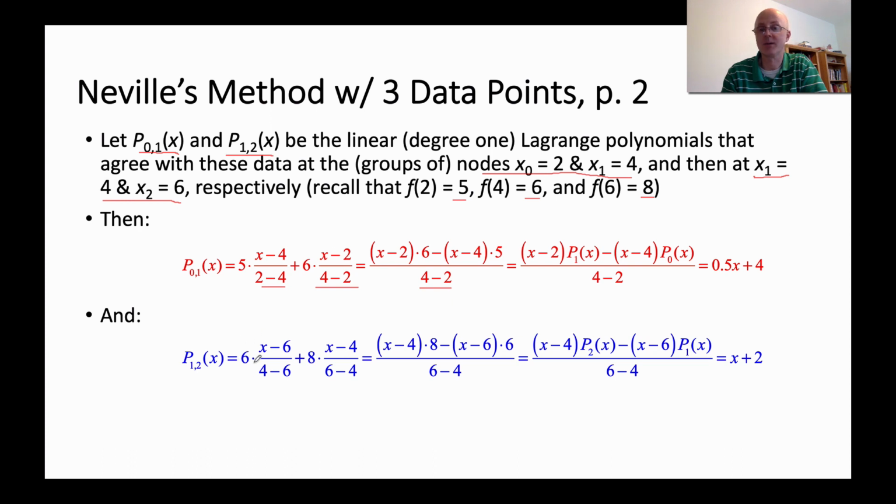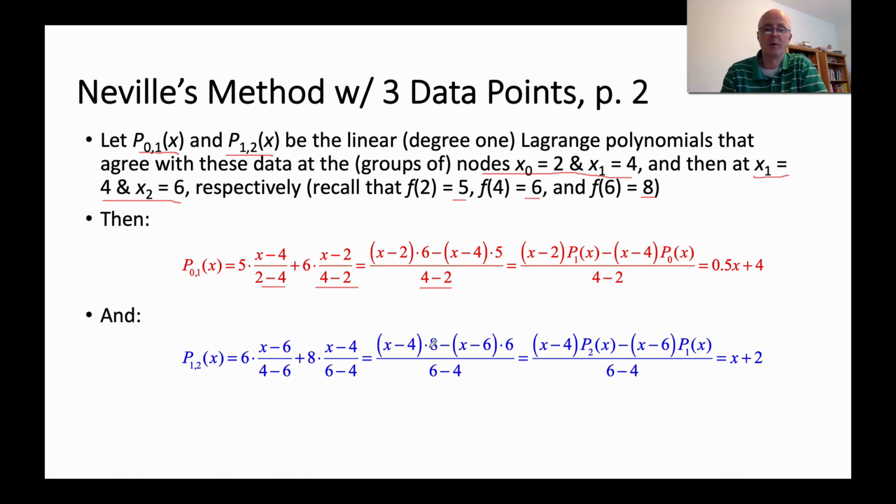This is an expression that agrees with the original function at x1, which is 4. Its output is 6 there, and is 0 at x2 equals 6. On the other hand, this expression here equals the function 8 at x2 equals 6, and equals 0 at x1 equals 4. That would be a linear function that interpolates those 2 points.